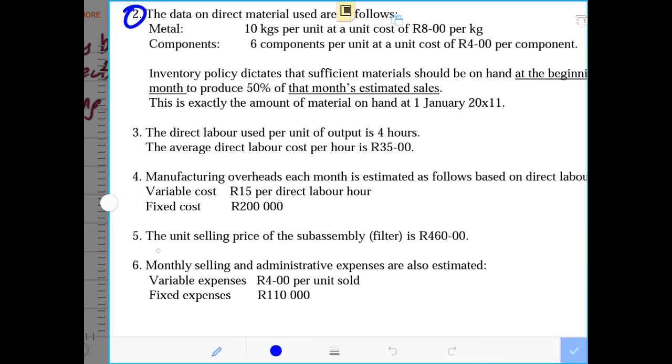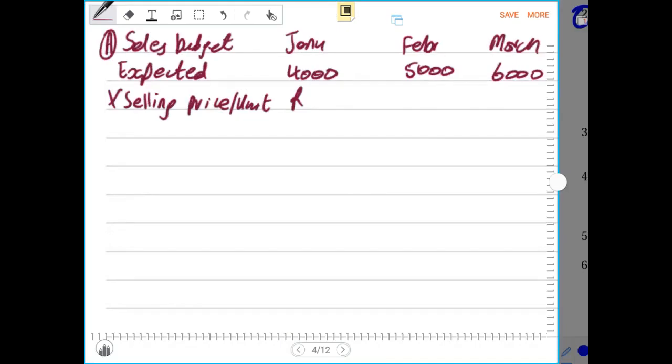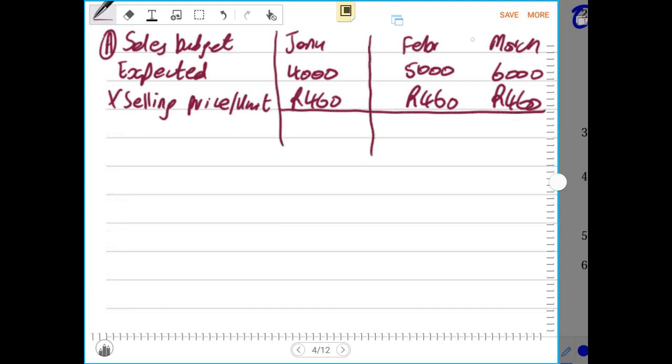Yes, here was the unit selling price of the sub-assembly filter, 460 Rand. So we always multiply by the selling price. The selling price remains constant despite the difference in months. Through all the months, the selling price was the same amount, which was 460 Rand per unit.